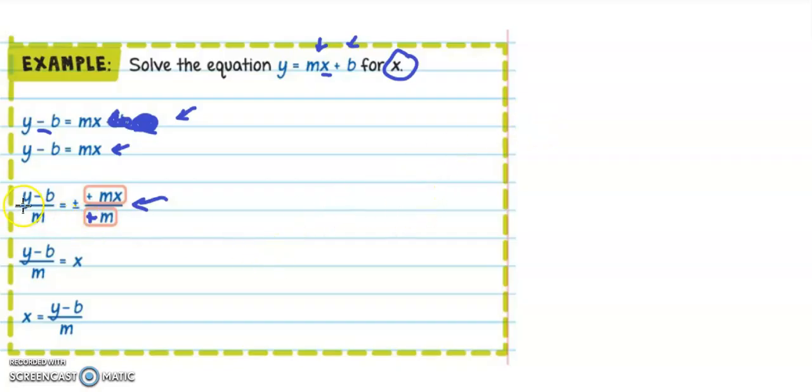So I have to divide this side by m. Again, these are not like terms. There's nothing I can do to simplify that, so this is my solution. It doesn't necessarily look as pretty or as organized or as simplified, but that's my solution. And if I want to write it as x equals y minus b over m, then so be it.